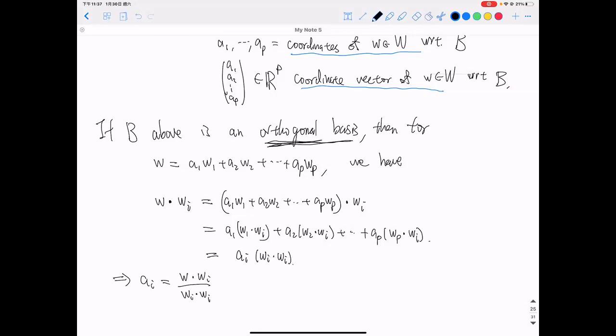So this is therefore telling you that if the basis is an orthogonal basis, then it's fairly easy to compute the coordinates of any given vector in terms of dot products. Okay, so let's see some example.